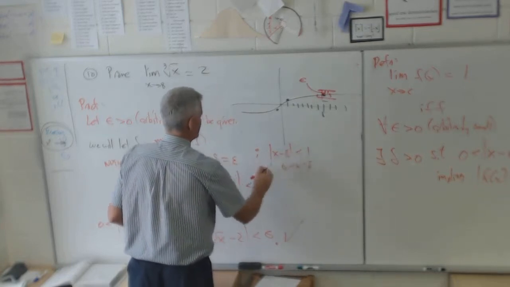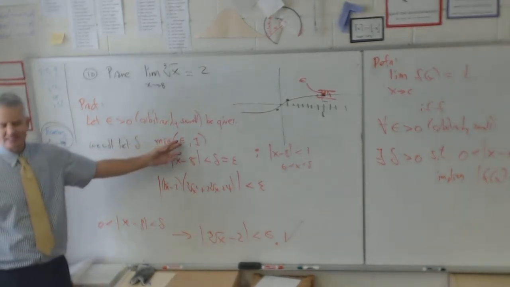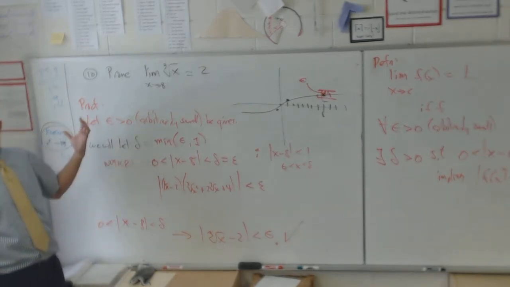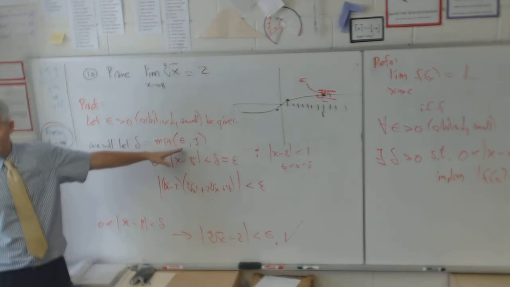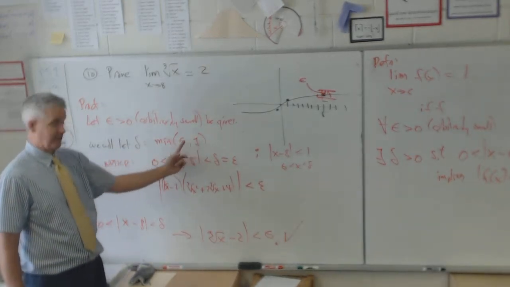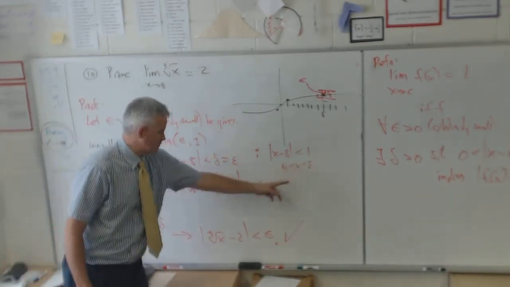So x is between 7 and 9. You follow? I'm saying that if they pick a tiny epsilon, I know I'm really close to 8. But if they pick a bigger epsilon, I'm going to pick it as 1. Something small. It's the minimum of that. It's smaller than epsilon if epsilon's bigger than 1, right? And what I'm doing is I'm saying this is between 7 and 9.